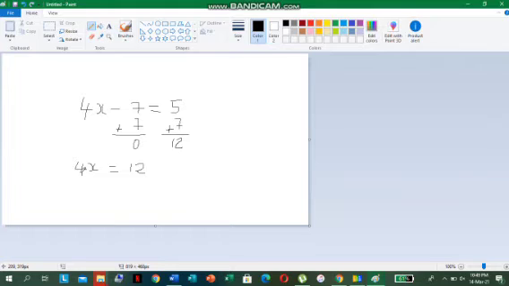Division. All right. So the opposite of multiplication is division. Therefore, we are going to divide. So we have to divide this number by 4, and we also have to divide this number by 4. So whatever we do to this side, we have to do to this side.